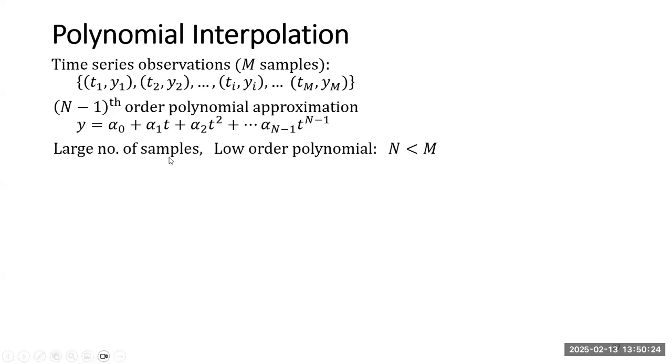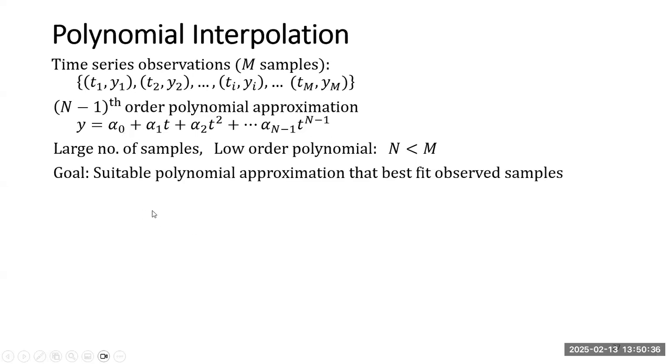So we have a large number of samples, in our case m, and we have n number of variables, alpha naught to alpha n minus 1. We want a suitable polynomial approximation, y approximately equal to this, which best fits all m experimental observations.